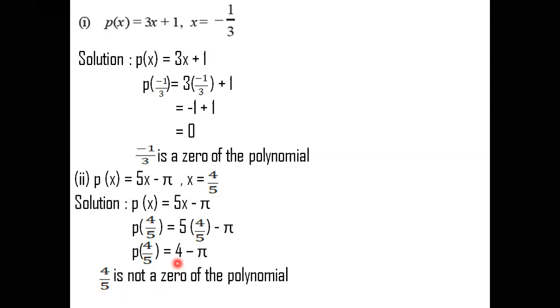Because I did not get 0. What else did I get? I got 4 minus 5. If I had got 0, then I could have said yes, it is a 0 of the polynomial. But now, since I have got 4 minus 5, I conclude that the given value is not a 0 of the polynomial. I hope this is clear to you all now.